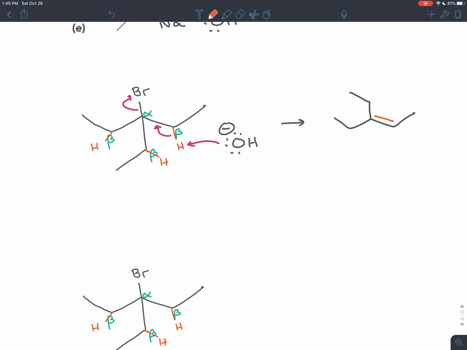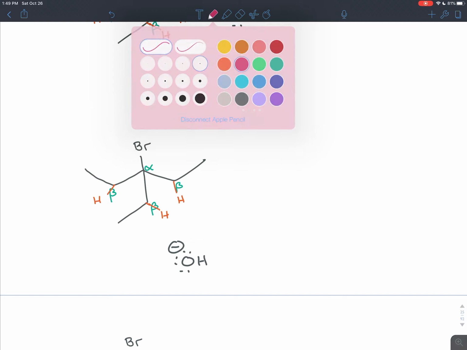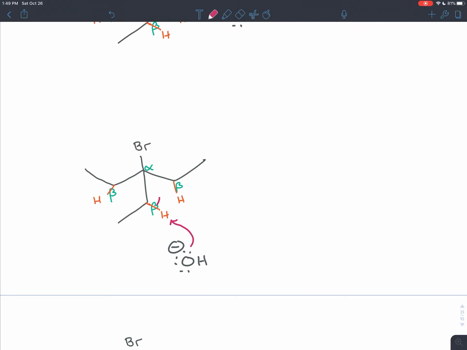And notice I'm drawing this side as trigonal planar because this carbon here is sp2 hybridized. You might at first have been tempted to draw it as a group down there, but I just moved that up so that it looks trigonal planar. You could have the OH attack this beta hydrogen.